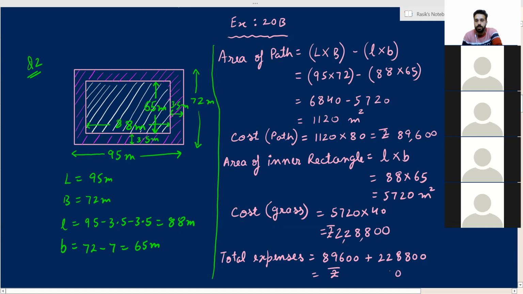Find out. 3,81,400. 3,81,000. No, sir. 318400. Correct. 3,18,400. Absolutely right.